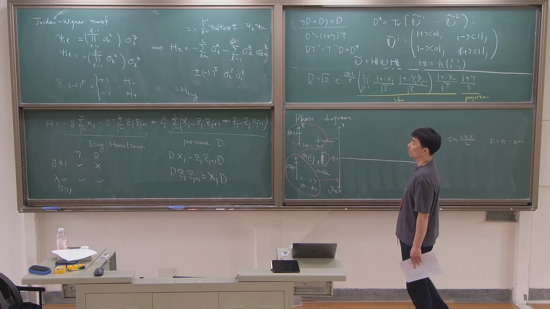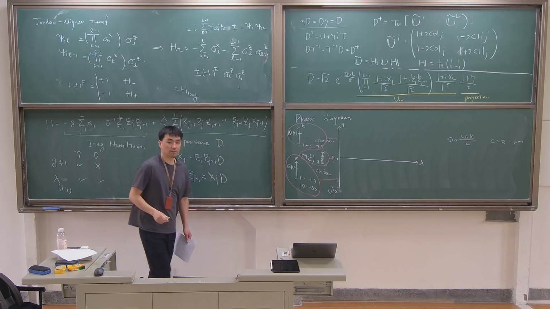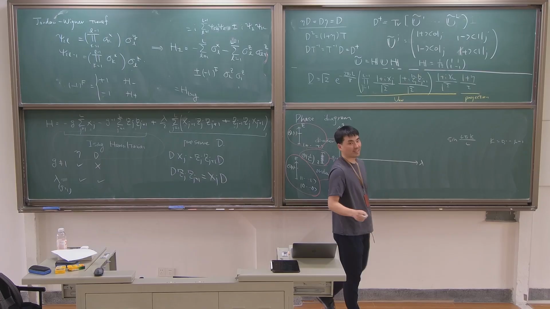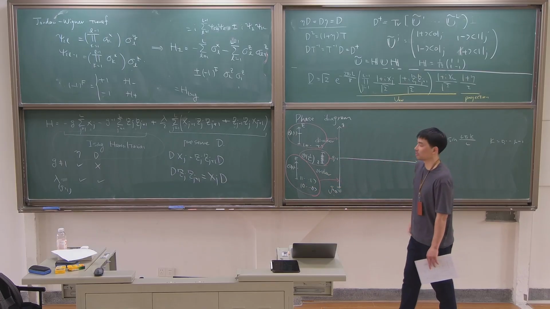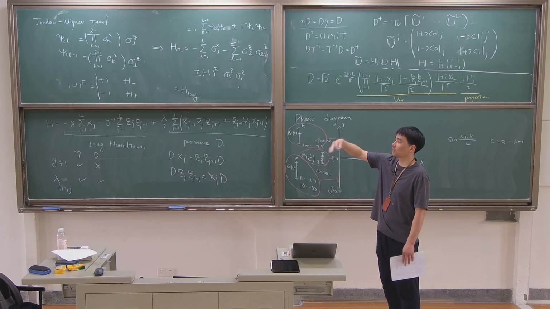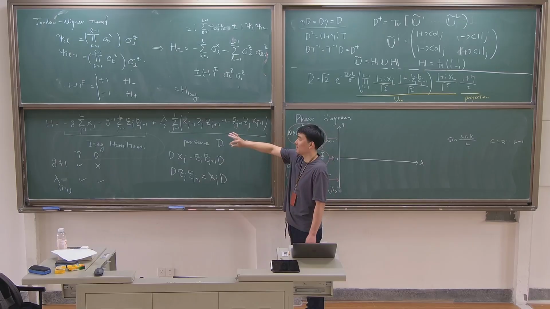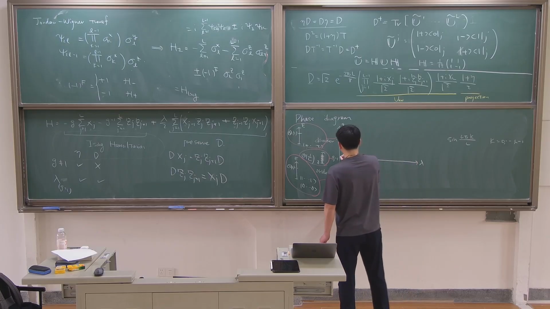Once you turn on lambda, in fact, this is called an irrelevant deformation. I will explain it in the coming two lectures. What's an irrelevant deformation? Irrelevant means that literally this deformation is irrelevant. So even if you turn on this lambda, it's still Ising CFT.